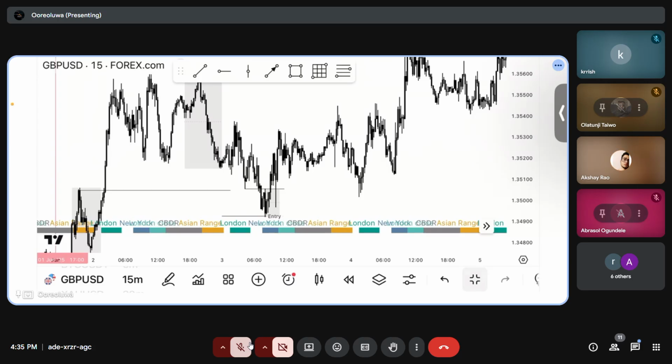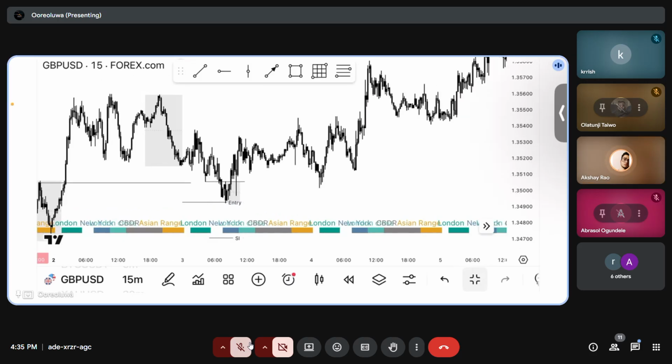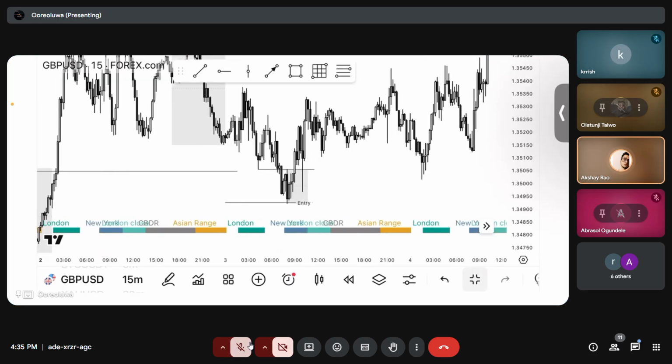So this was the first one. How much percent of partials did you take on the trade? Like 90, 80%, how much? If my bias is from the higher time frame, so you are holding the trade for a very long time, I do take the first partial. I take out my risk first of all. Maybe I risk 6,000.